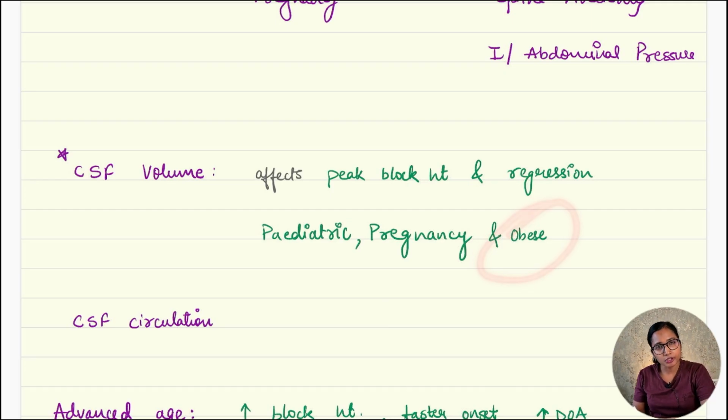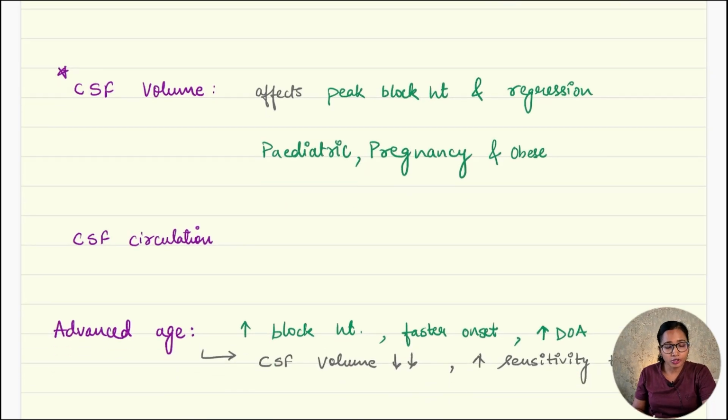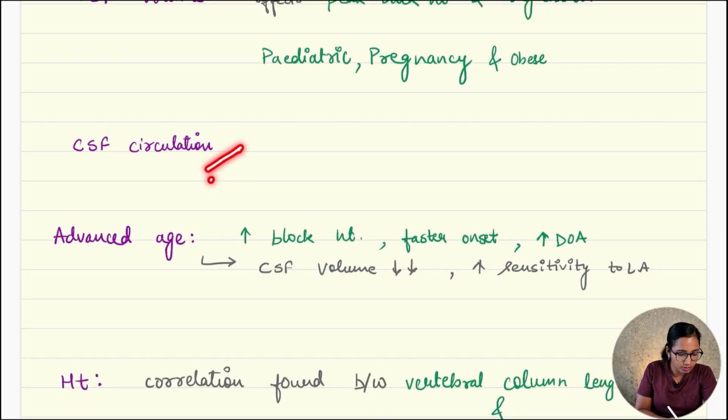Same with obese patients. Obese patients have increased intra-abdominal pressure, due to which the CSF volume decreases and the spread becomes high. So we have to take caution in these patients. Then circulation is more in pediatrics, as I have discussed.